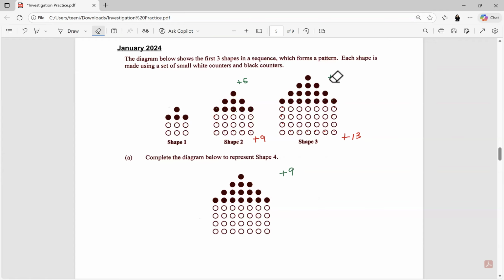Let me see if I could allow you to annotate. Are you using a laptop or your phone? On laptop, yeah. I could draw here, here, and here on top. Oh, yeah. Is that 9? Yeah, I think so.